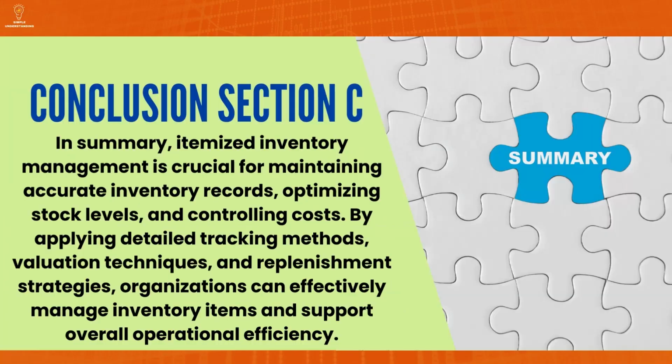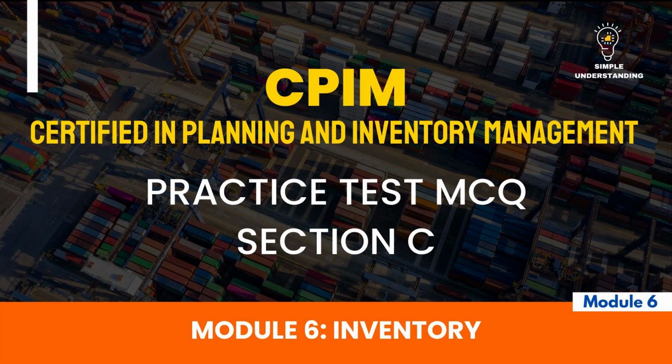In summary, itemized inventory management is crucial for maintaining accurate inventory records, optimizing stock levels, and controlling costs. By applying detailed tracking methods, valuation techniques, and replenishment strategies, organizations can effectively manage inventory items and support overall operational efficiency.